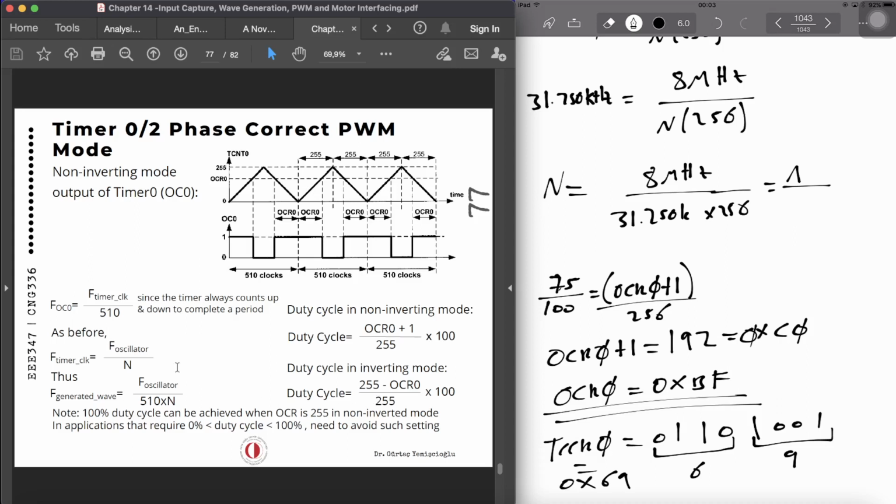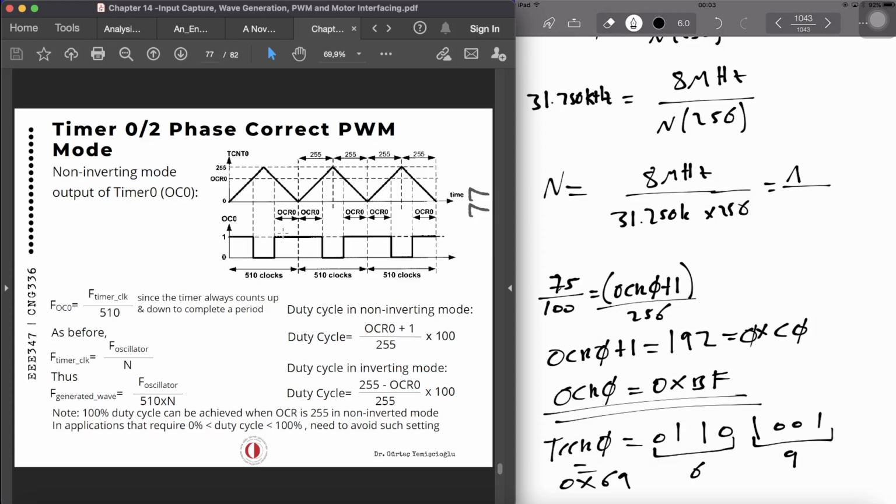Now what will happen with the non-inverting mode output of the timer? So it counts up, when it reaches the OCR it toggles, and then counts up to FF, and when it is going down, it reaches the OCR again, so it toggles again. And then it goes up and starts to count again. Whenever it matches, it toggles, and then counts up and going down again, matches, and it toggles.